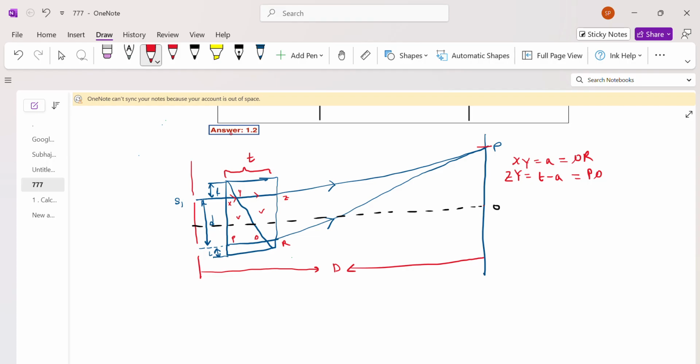Now there is one more thing. Let's say this angle is theta, and this angle is theta.